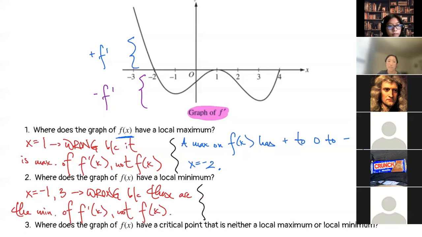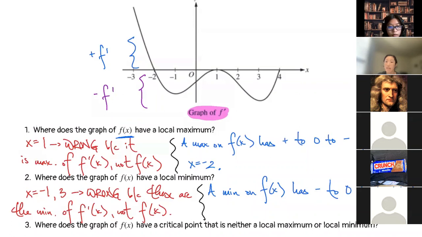Okay. Instead, how can we modify this sentence to say that we're looking for a minimum? All right, so a min on f of x has what? Okay, so it goes from negative to 0 to positive f prime.